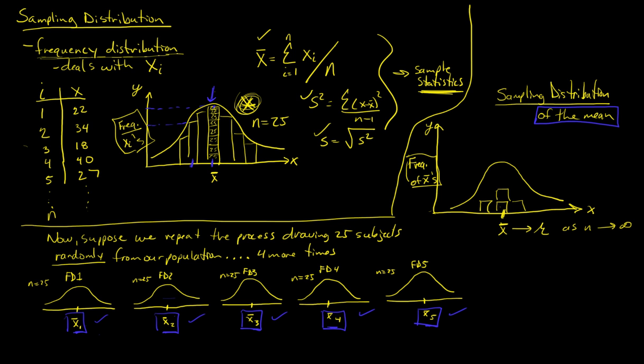So if we repeated this 10 times, x bar would be a better estimate of mu. If we repeated it 1,000 times, x bar would get even closer to mu. If we repeated it an infinite number of times, x bar would in fact become mu. And so the sampling distribution of an infinite number of n equals 25 frequency distributions would have an x bar, and that x bar would in fact be mu.